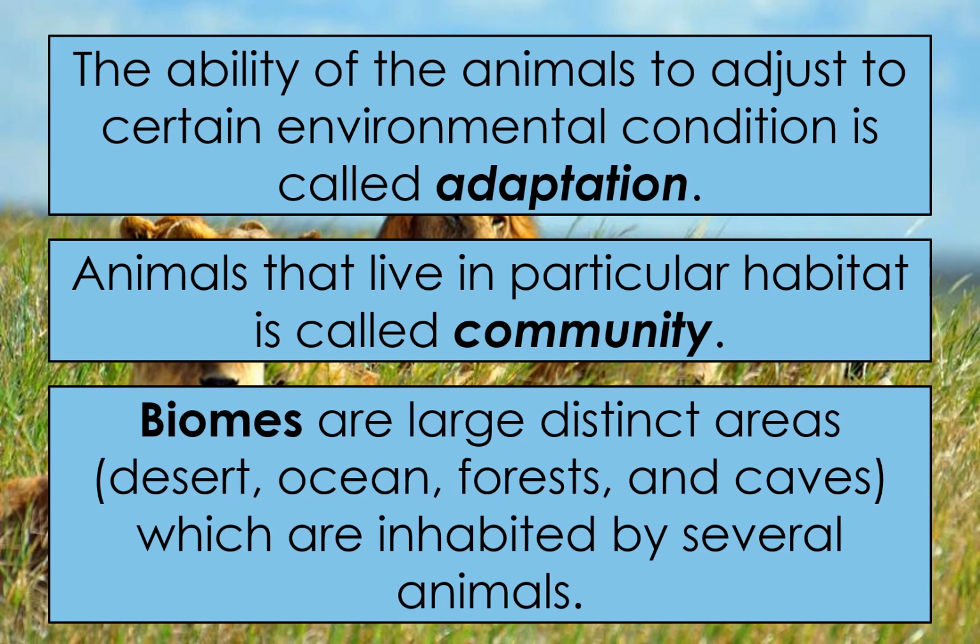Then we have biomes. Biomes are large, distinct areas like desert, ocean, forest, and caves, which are inhabited by several animals. Now we are going to talk about animals that live in different biomes.